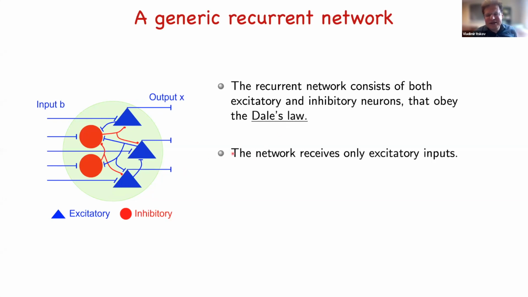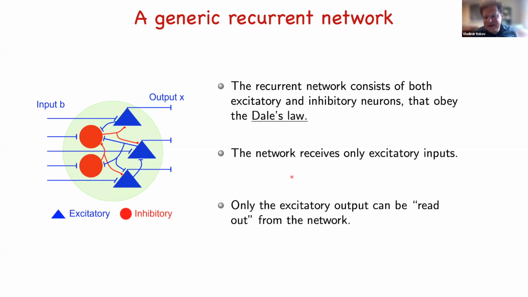And the network receives only excitatory inputs. So the assumption is that the long-term projections are all excitatory, as is common in cortex, right? And only the excitatory output can be read out from the network. Clearly these assumptions are modeled after cortical columns, because this is exactly what happens on the level of cortical columns.